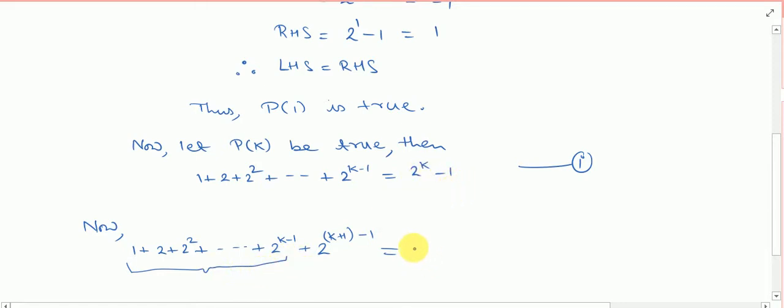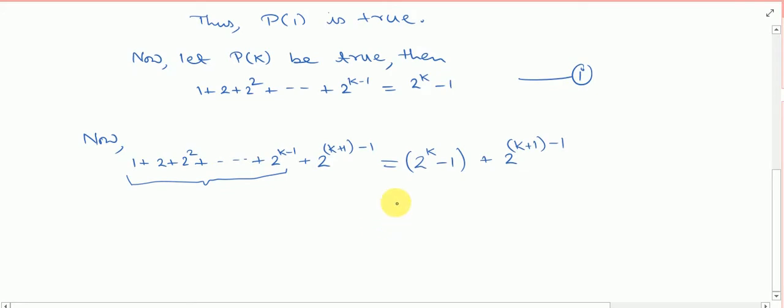Okay, so we get 2 to the power k minus 1, and this I have to write here 2 to the power k plus 1 minus 1. So we get 2 to the power k minus 1, and here you get 2 to the power simply k, because plus 1 and minus 1.